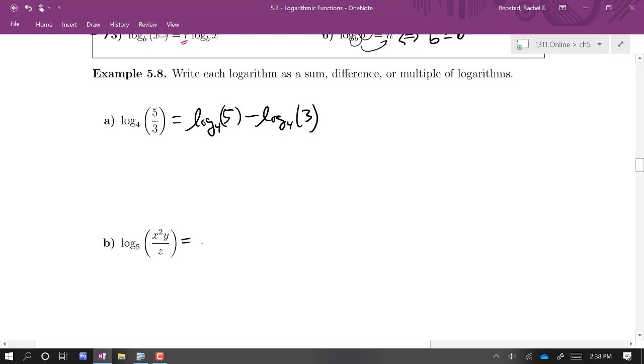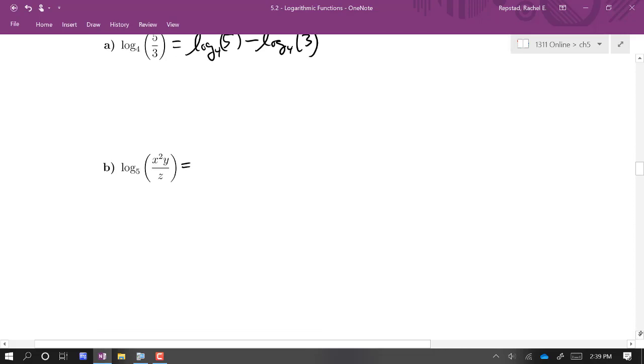Now for this next one, we've got log base 5 of x squared y over z. So the first thing I see is that I've got this division, right? I've got a fraction inside. So I'm going to split that up using subtraction of logs. So this is log base 5 of x squared times y minus log base 5 of z.